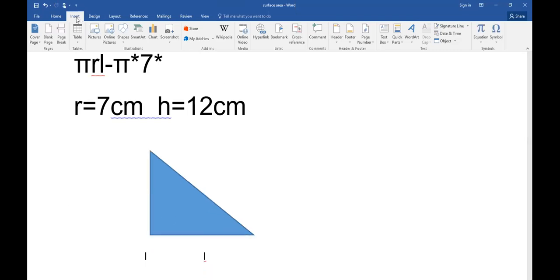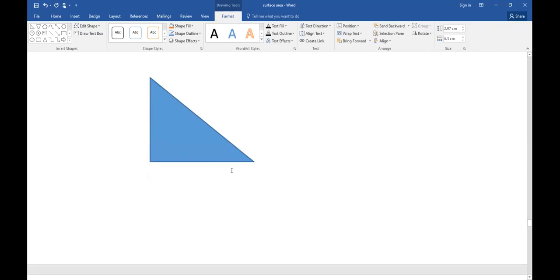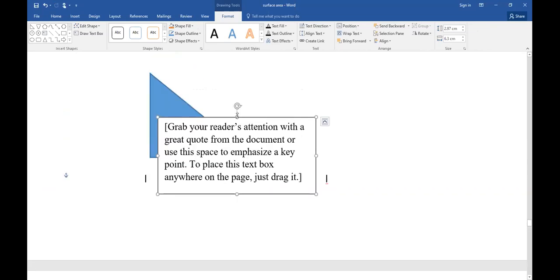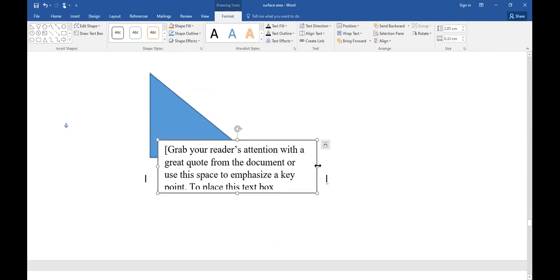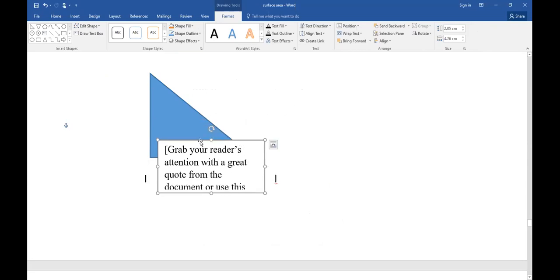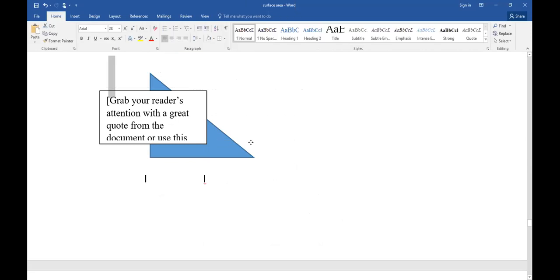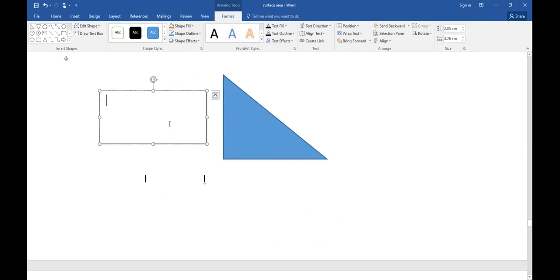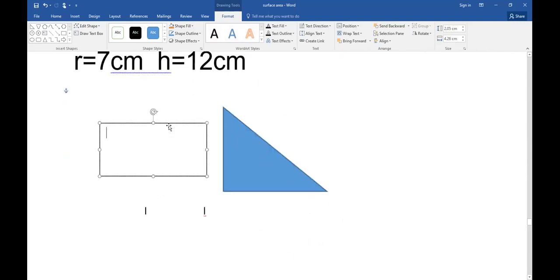Let me insert something here. So this is a text box I've inserted here. So the height is 12 centimeters.